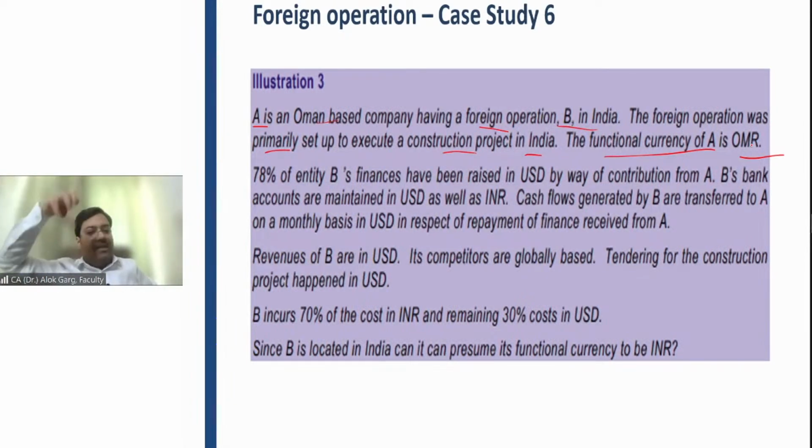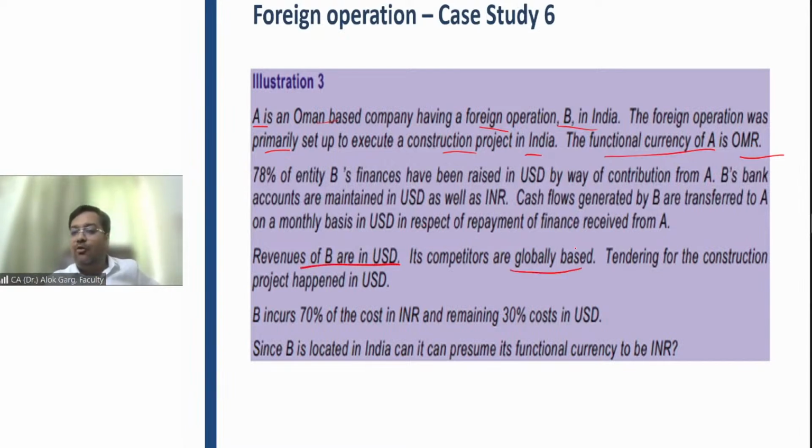Because A has taken a loan in US dollar to remit the money to B, right? So B is repaying that and transferring that fund in US dollar so that A's loan is repaid. The revenue of B is in US dollar, right?